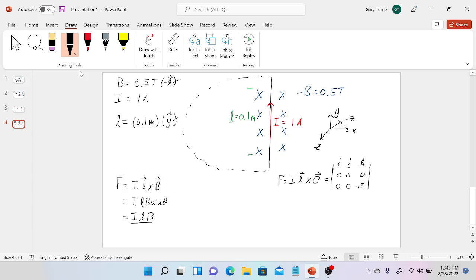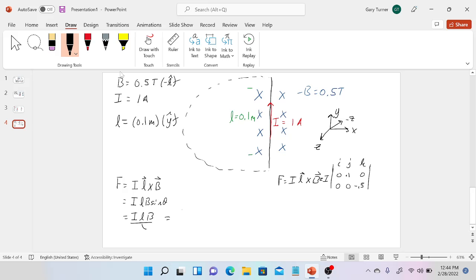Technically, this would be equal to I times all of that, right? But it doesn't matter. And we showed in the previous video that the cross product definitions are equal. So it doesn't matter which one you use. I always say use whichever is most convenient, especially once you've established the equivalency. And so we'll just use this equation.